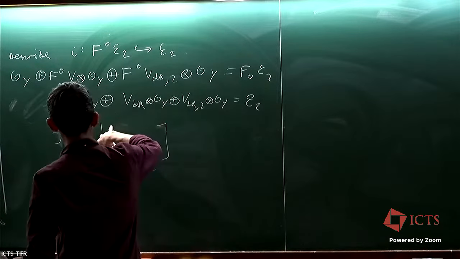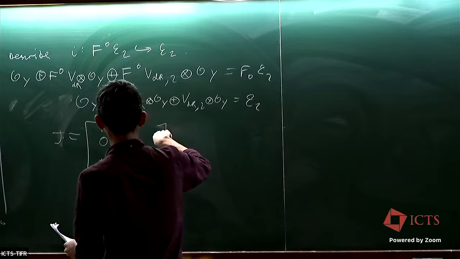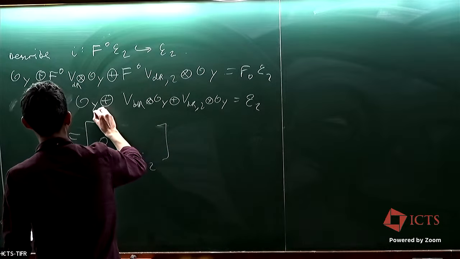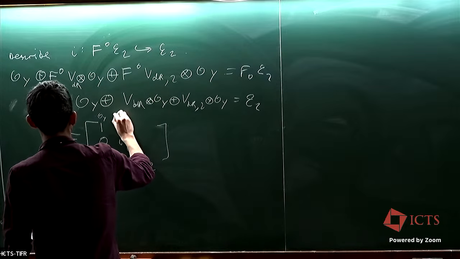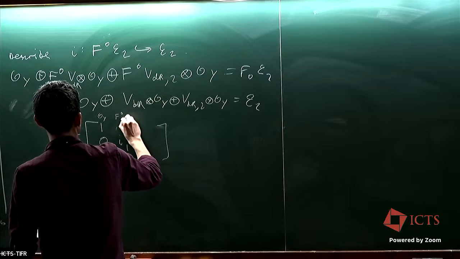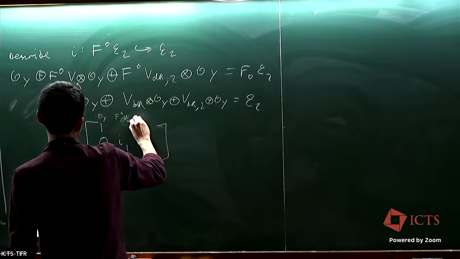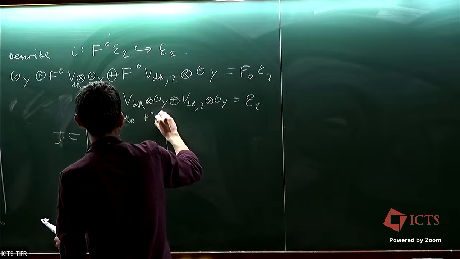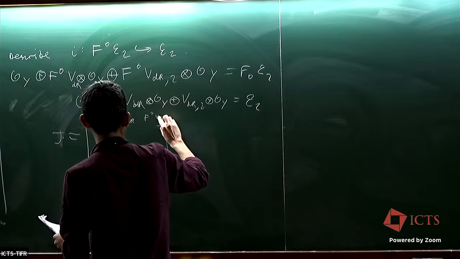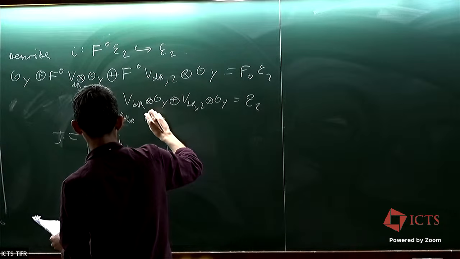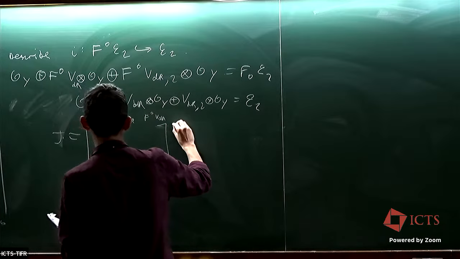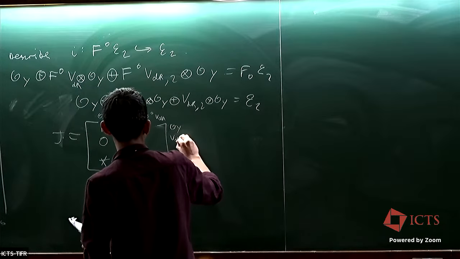For example, the idea is meant to be that this corresponds to O of Y, this corresponds to F naught of V de Rham tensor with O of Y, and this is F naught of V de Rham 2. And then this is O of Y, this is V de Rham.